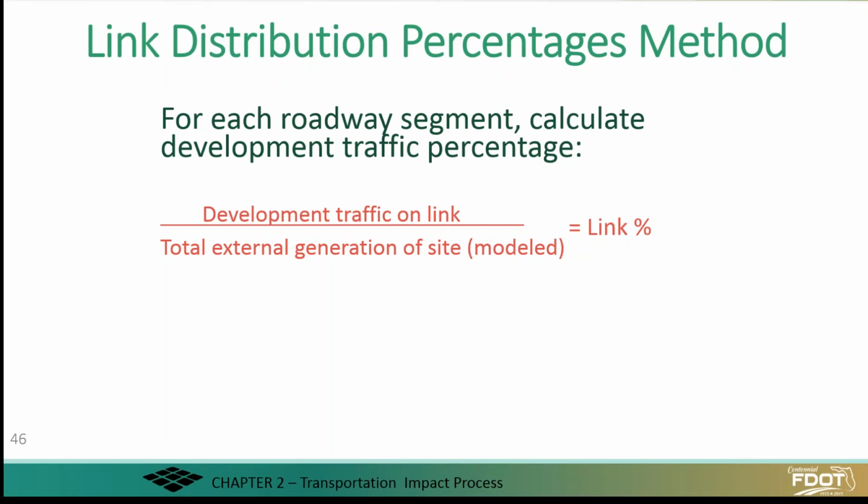And the goal of this method is to determine, on any given link of the network, what is the percentage of the development's traffic on that link. So the percentage of the development traffic on a given roadway segment or model link as a percentage of the total external generation of that project.